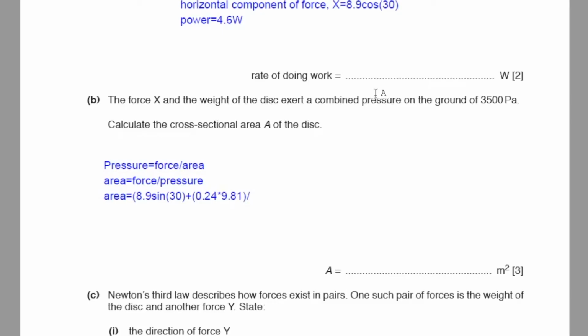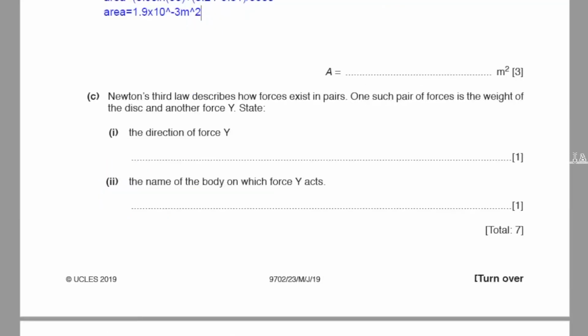Now this whole gets divided by the pressure, which is 3500 pascals, and this gives us the area as 1.9 into 10 to the power -3 meters squared.